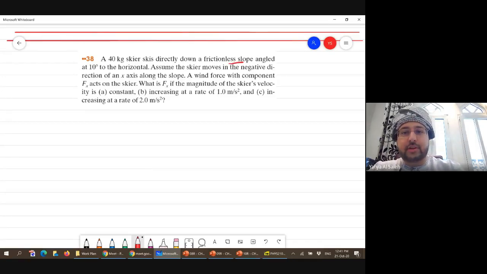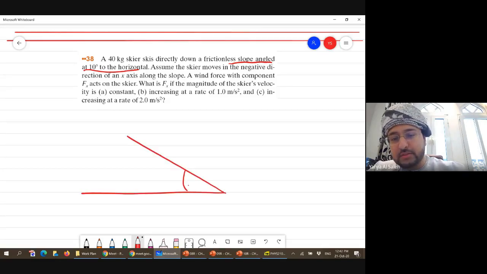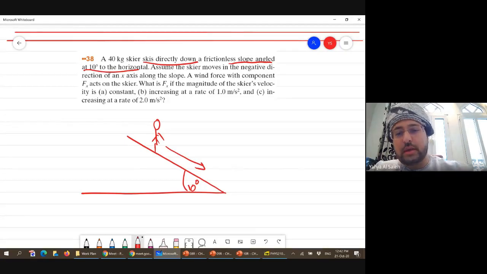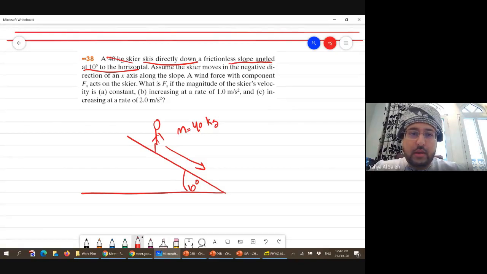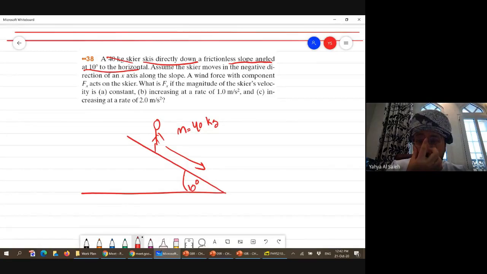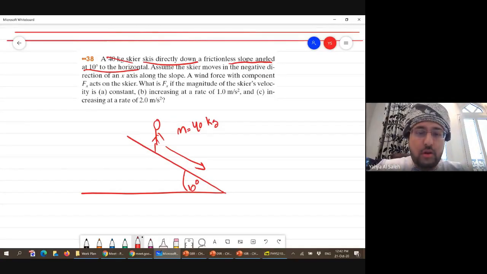So, frictionless slope angled at 10 degrees to the horizontal. Very exaggerated diagram, but this is 10 degrees. We have a skier skiing down. Mass is equal to 40 kilograms. And it wants us to assume that the skier moves in the negative direction of an x-axis along the slope.